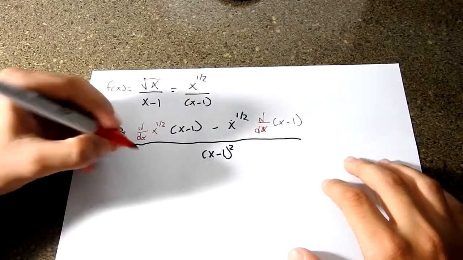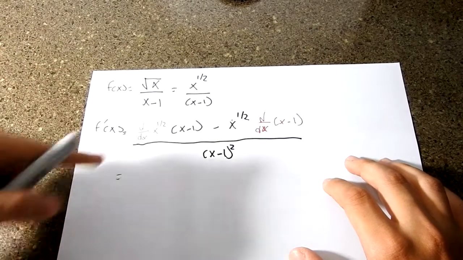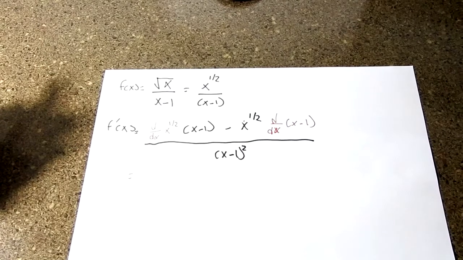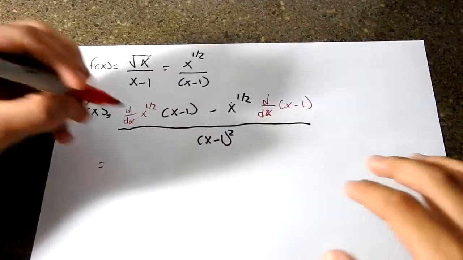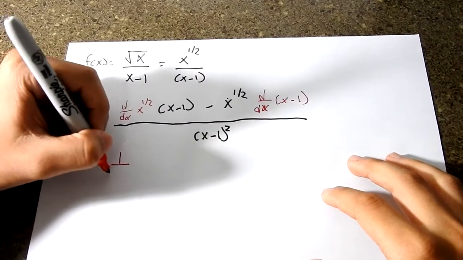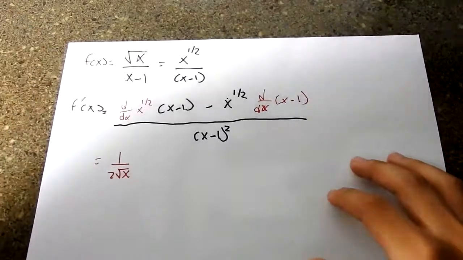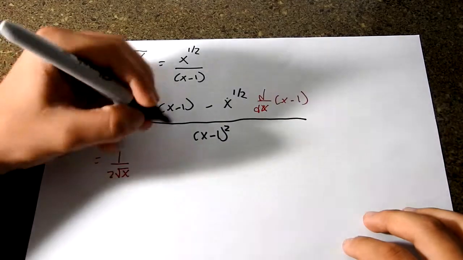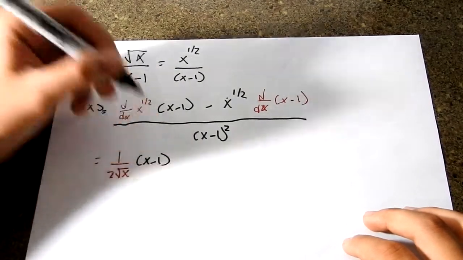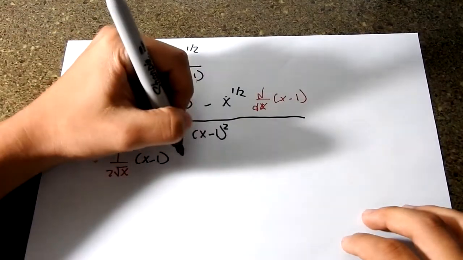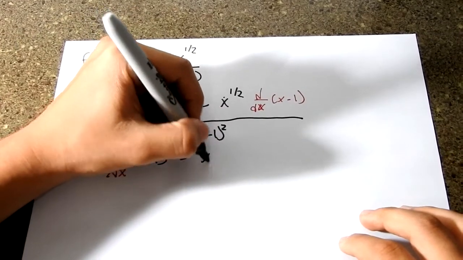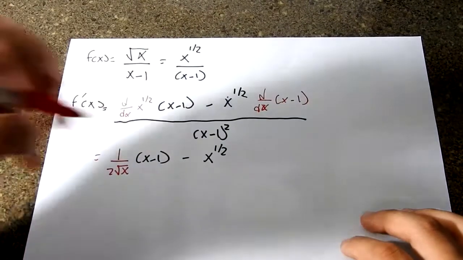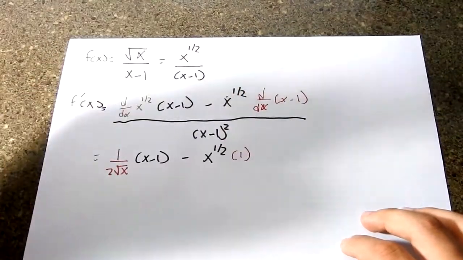So by the power rule, we already know that the derivative of x to the 1/2 is going to be 1 over 2 square root of x, right, times x minus 1, minus x to the 1/2 times derivative of x minus 1, which is just going to be 1.